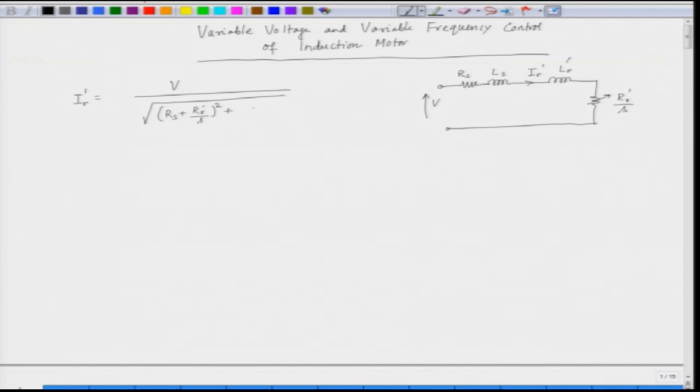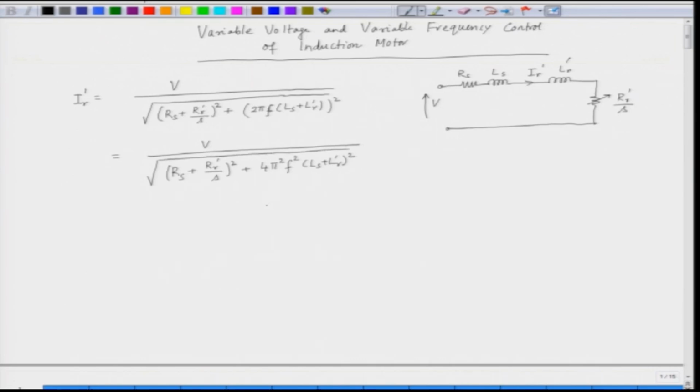So, the reactance is 2 pi into F into the inductance L s plus L r prime, whole square. Now, if we simplify this, we will get V divided by under root of R s plus R r prime by S whole square plus 4 pi square F square into L s plus L r prime whole square.